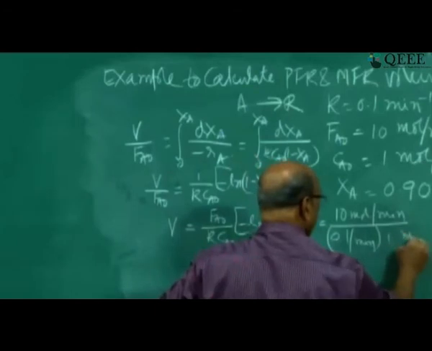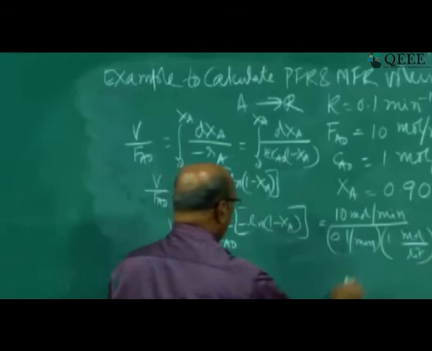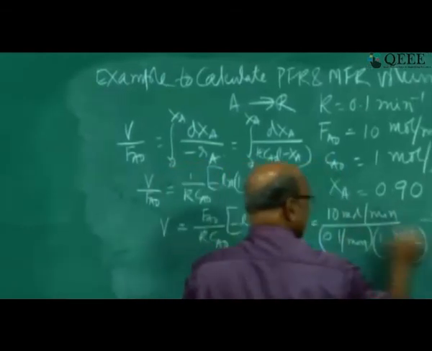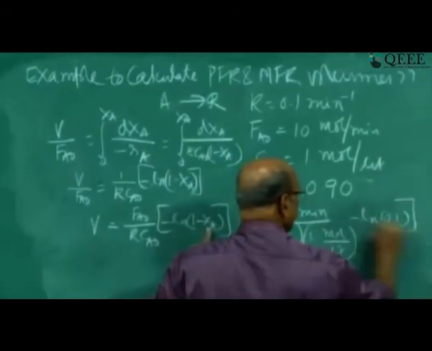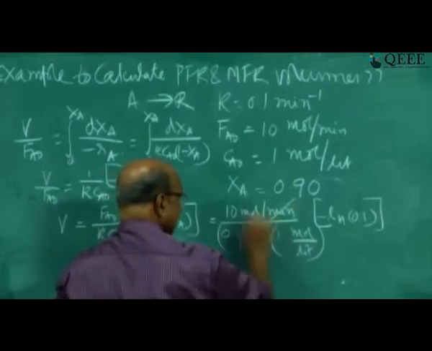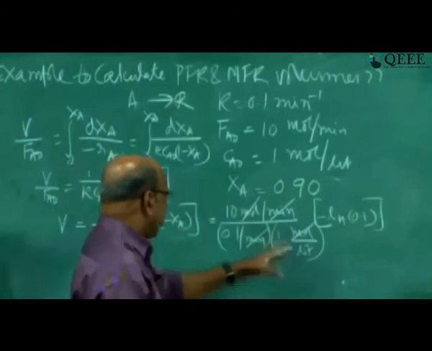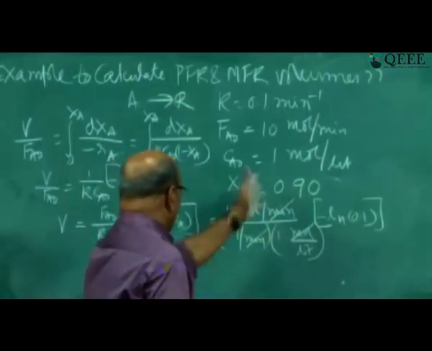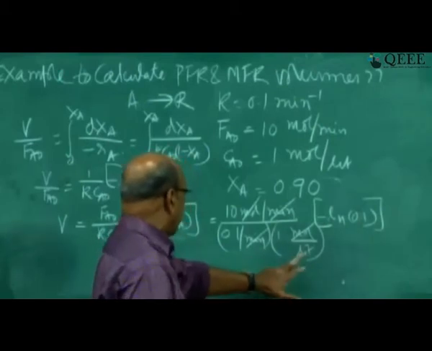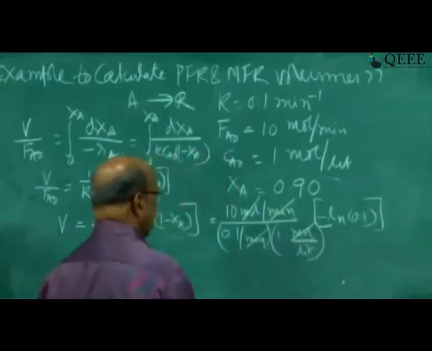Now, this is minus ln(1 minus Xa) with Xa equal to 0.9, so this will be 0.1. When I substitute, let me also cancel out the units. Minute will get cancelled, moles will get cancelled. This is a good practice. When you write the units and then strike off whatever common things are there, you will end up only with the liters here. So you don't make any dimensional mistake if you write all the units when you are solving the problem.